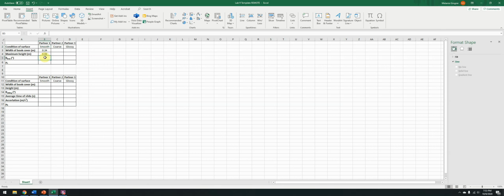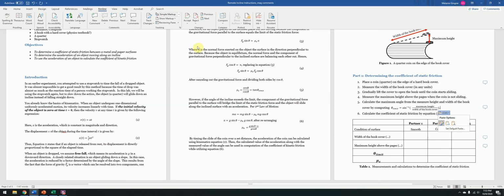Okay, so we're going to go through how you calculate theta limit in degrees. So you'll notice up here that this represents a right triangle, right? Over here where you measure your height, this is where your right angle would be. So you have this angle theta here, and that's what we're trying to calculate.